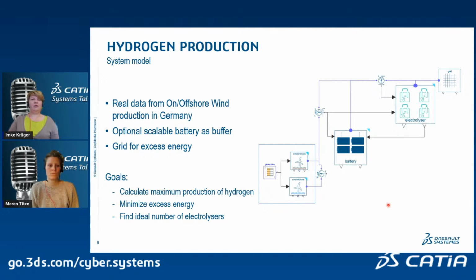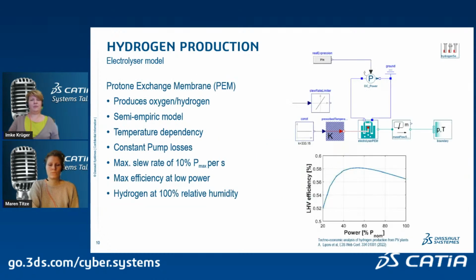And what we can find out with this model is we can calculate the maximum production of hydrogen, so how much hydrogen can I produce, how can we minimize the excess energy, and also we would like to find the ideal number of electrolyzers for our system.